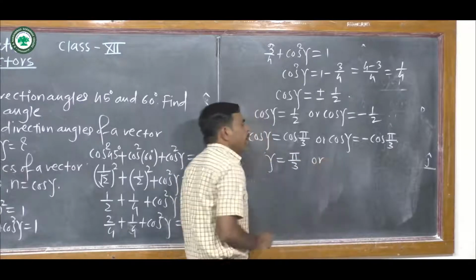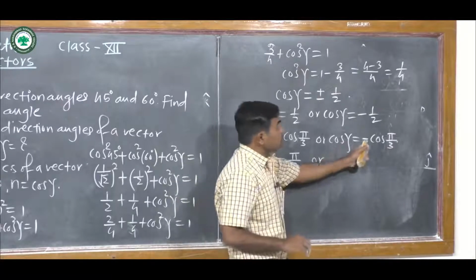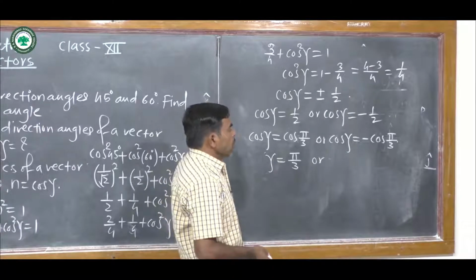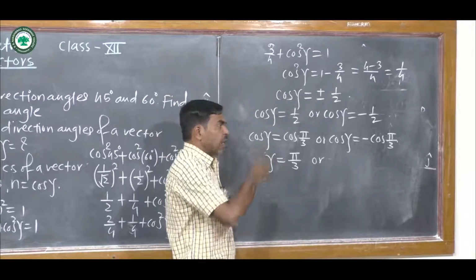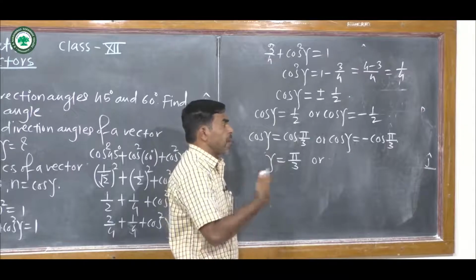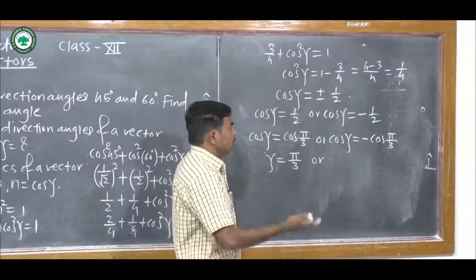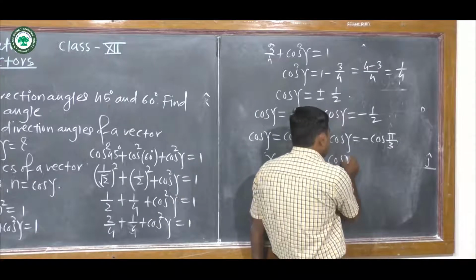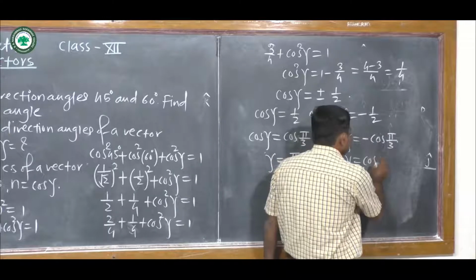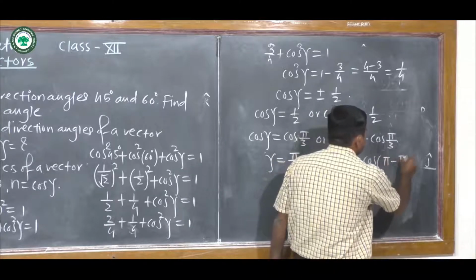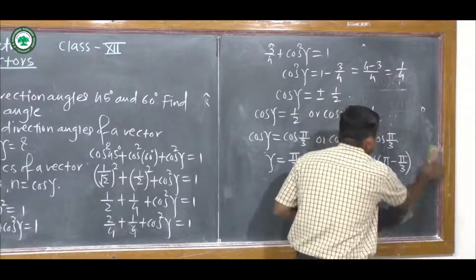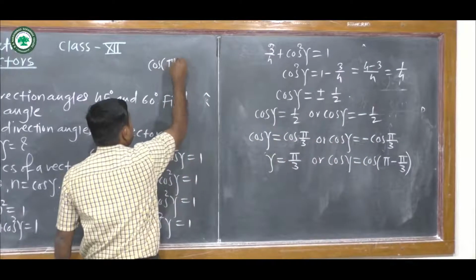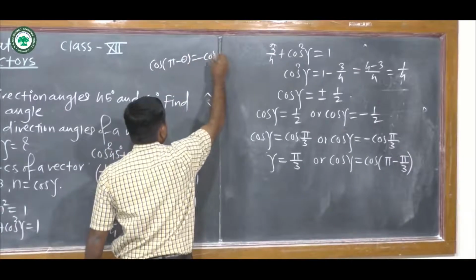Or cos gamma is equal to minus cos pi by 3. Here we have to use allied angle formulae. We know that cos is negative in the second quadrant, so we can use the formula for cos of pi minus theta, which is minus cos theta.